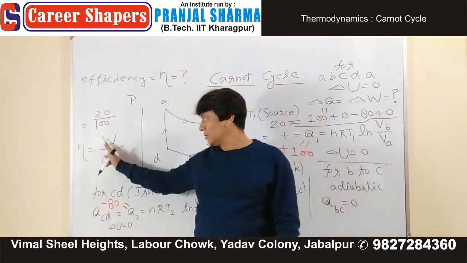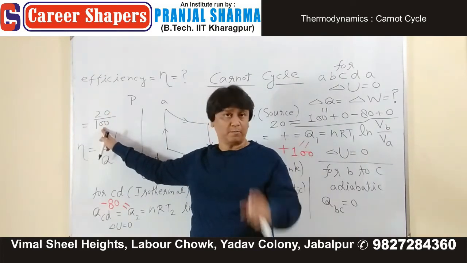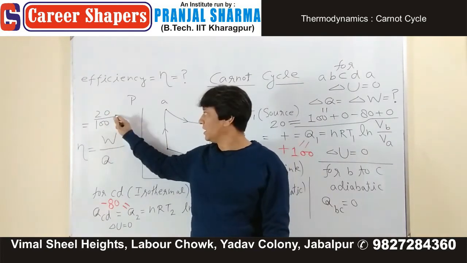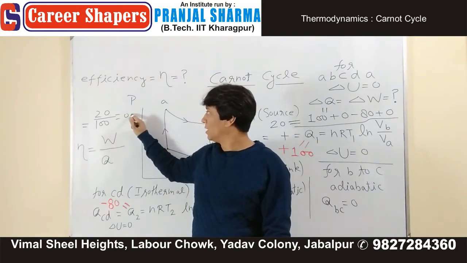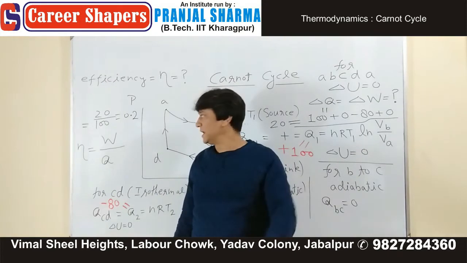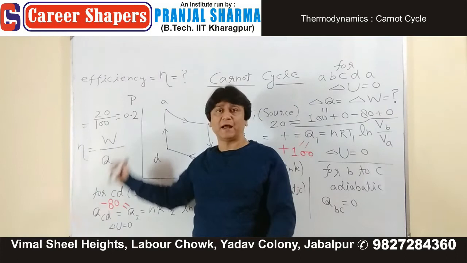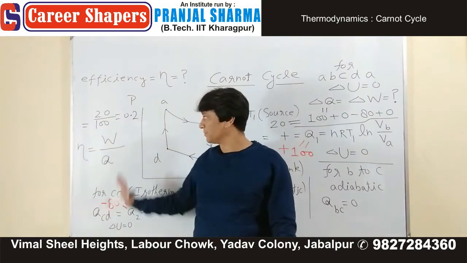But work is 20, heat supplied, positive part, 100. It gives you an efficiency of 0.2. If you are interested in percentage, multiply this with 100 and you get 20% efficiency.